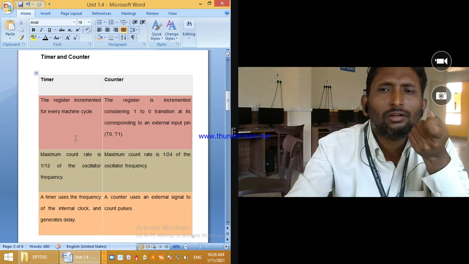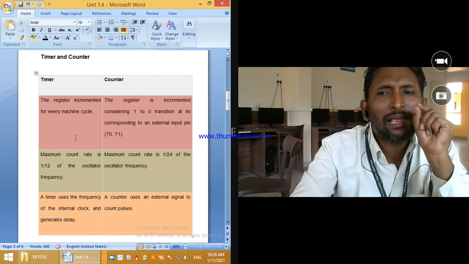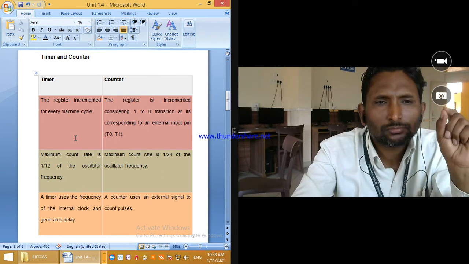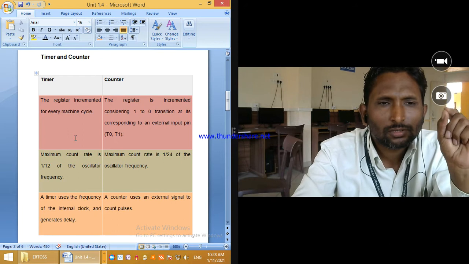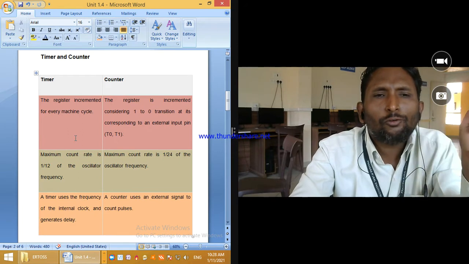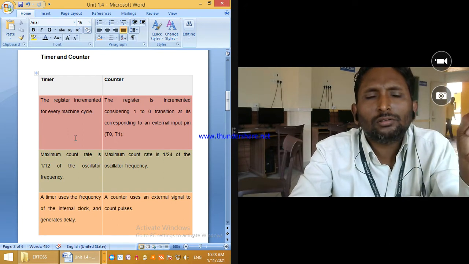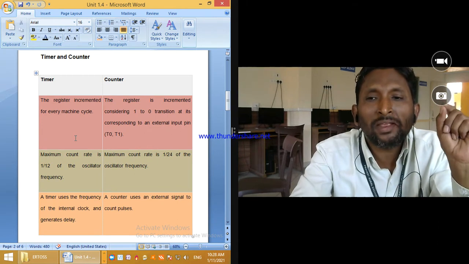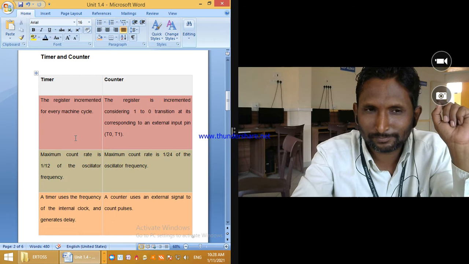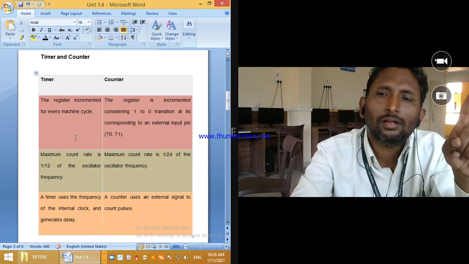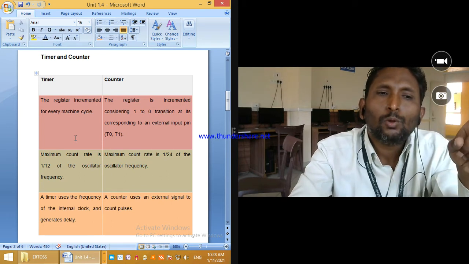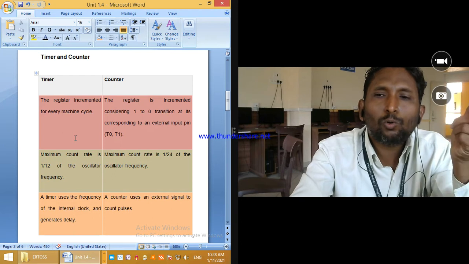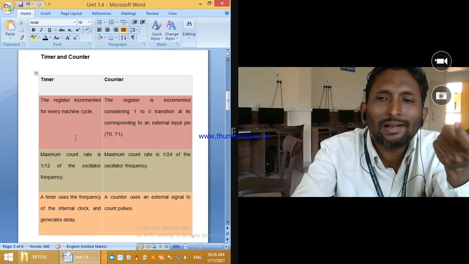If we apply a simple force on that fork, it vibrates for near about 1 minute or 2 minutes, right? The same phenomenon is applied with the help of quartz material.